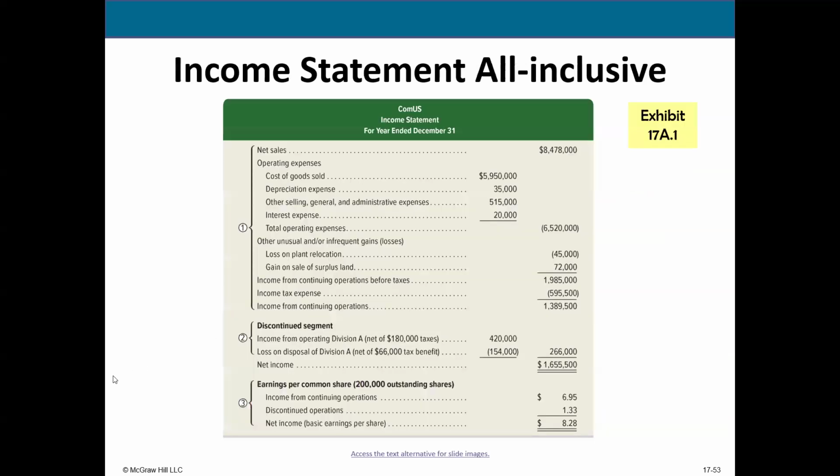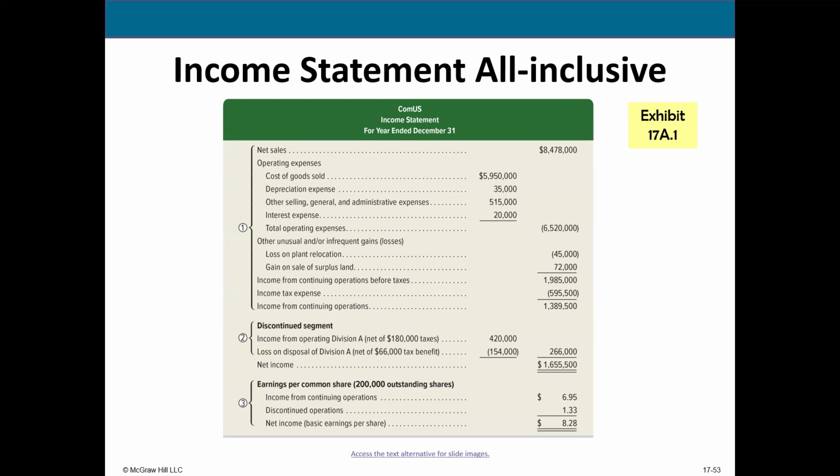And we can see that in our basic income statement. Income statement, as you know, has your sales minus your operating expenses equals your operating income, minus your tax, minus your interest, getting us to income from continuing operations, plus any income from discontinued operations minus any losses equals net income, right?